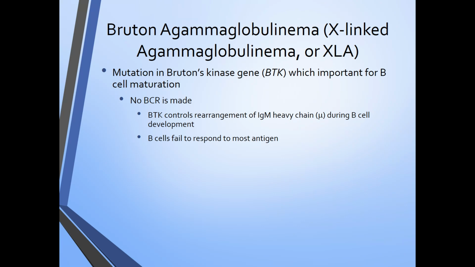If you have a mutation in this, no B cell receptor is made. BTK controls rearrangement of the IgM heavy chain during B cell development, and if you don't get IgM heavy chain formation, the B cell fails to fully develop, and they're unable to respond to most antigens.